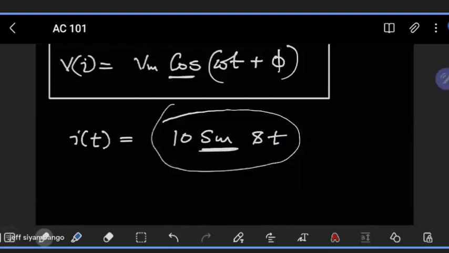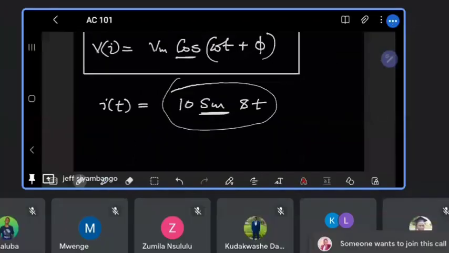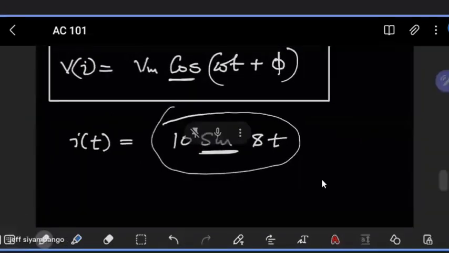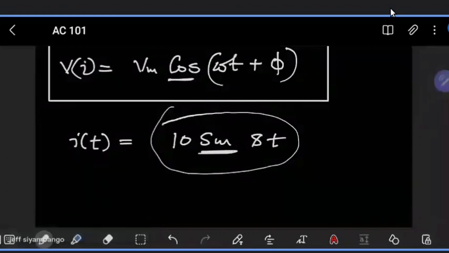But the most common thing you work with here is changing the sine to a cosine, because standard is for cosine. So we saw how those changes occur.